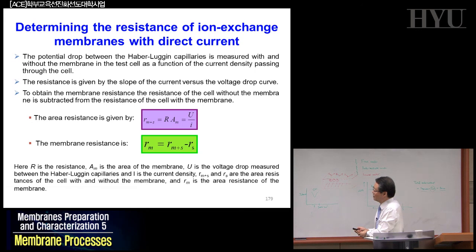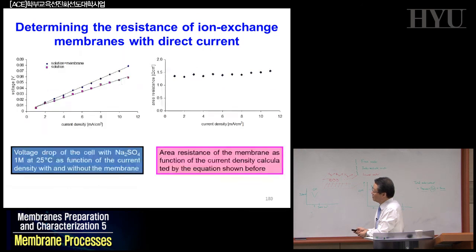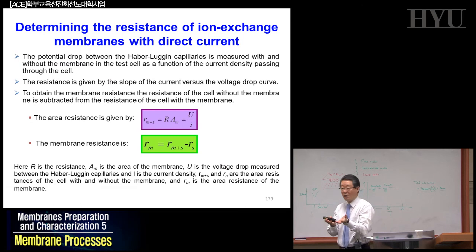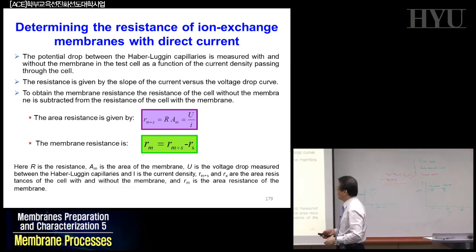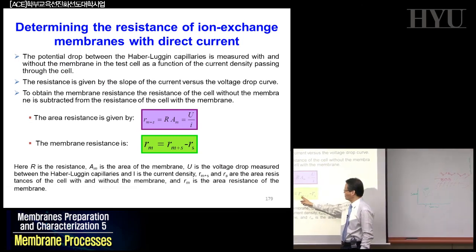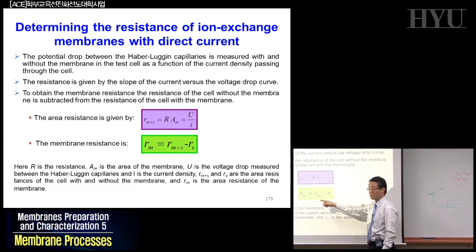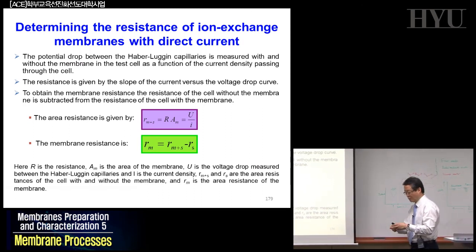So if you plot, for example, voltage with the current density, the slope will be the total resistance, RMS, and RMS is the addition of membrane resistance and the cell resistance of the solution.